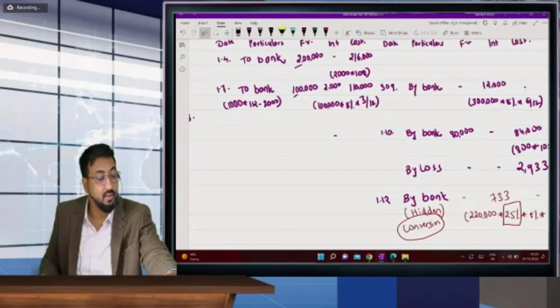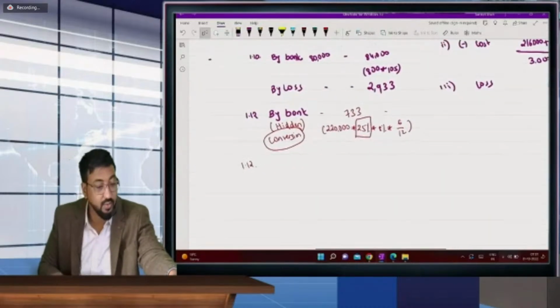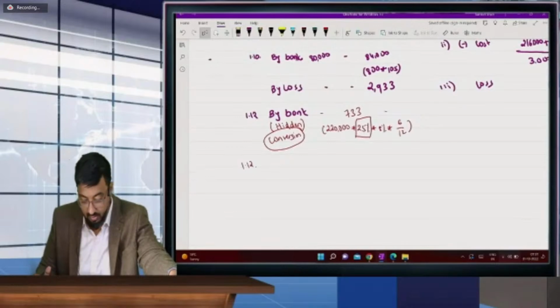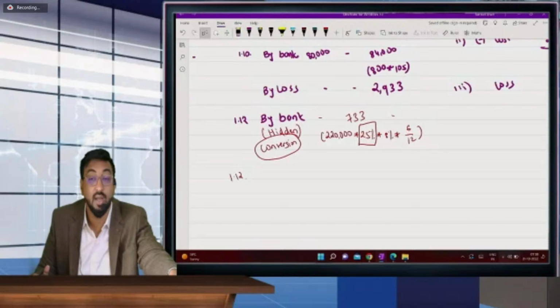2,933. But we will consider only for 2 months. Yes, now it's correct, beta. 2,20,000 into 25% because they are getting converted. Now they are not with us. Equity shares will stay with us, not debentures. So debentures are getting converted into equity shares up to 25%.